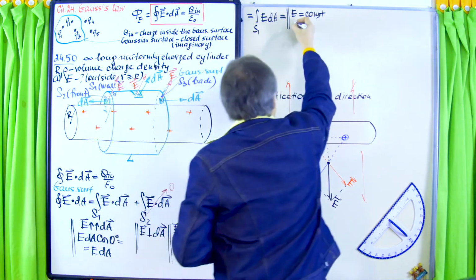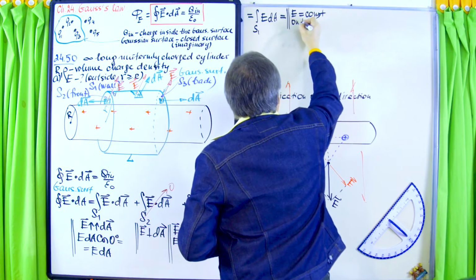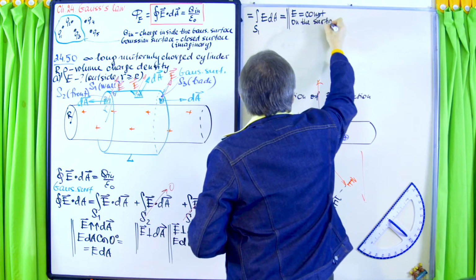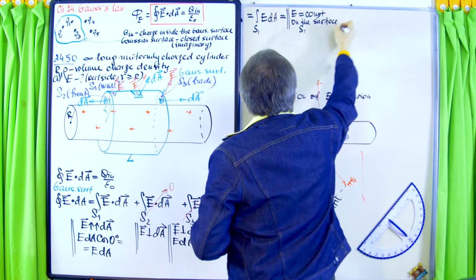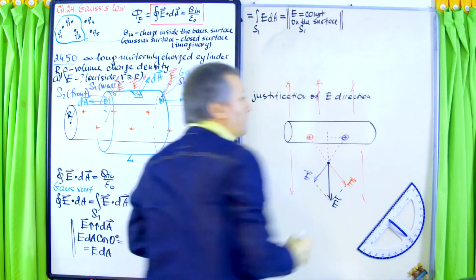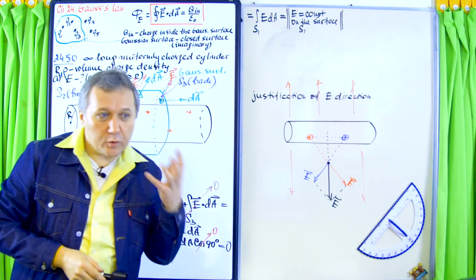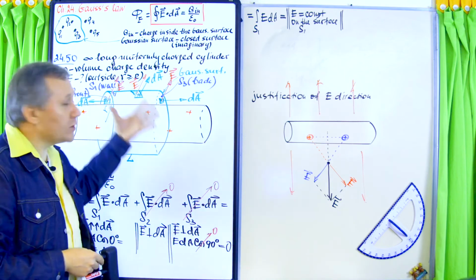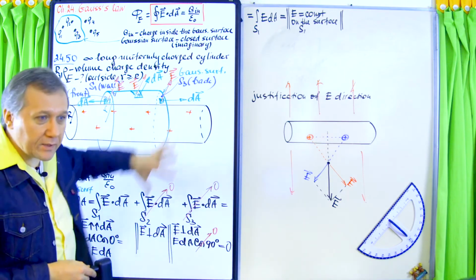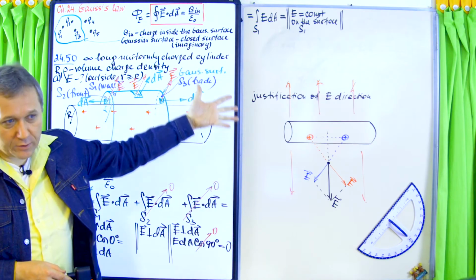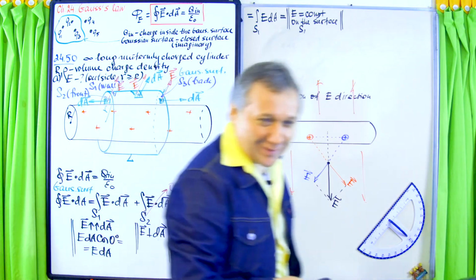And I will emphasize: on the surface S1, on the Gaussian surface. Because we picked a good Gaussian surface, we can use this symmetry. If you picked some complicated surface, we wouldn't be able to use that. That's the advantage of using the best possible surface, right?